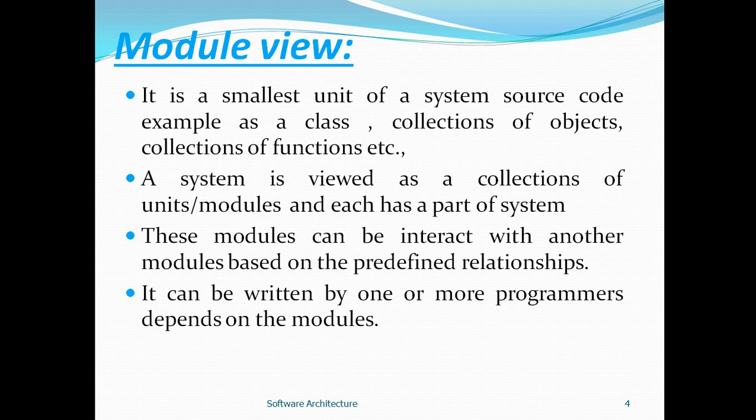Similarly, software is also made of the smallest units of software. This smallest unit of software is known as a module. Examples are a class, a collection of objects, a collection of functions, methods, etc.